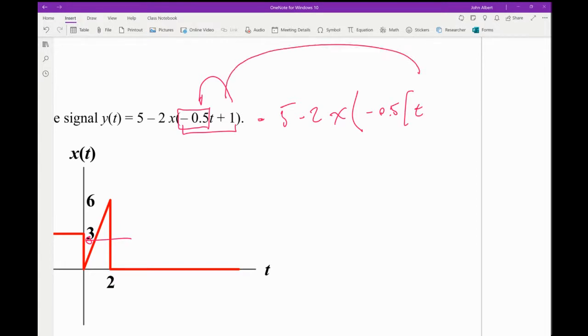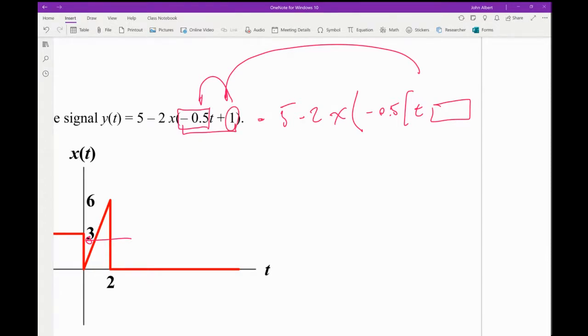Now for this to be the same as this, what should I add in here or subtract? If I have minus 0.5 multiplying t, I'll get minus 0.5 t. I have to put something in there that if I multiply it by the minus 0.5, I get the 1.